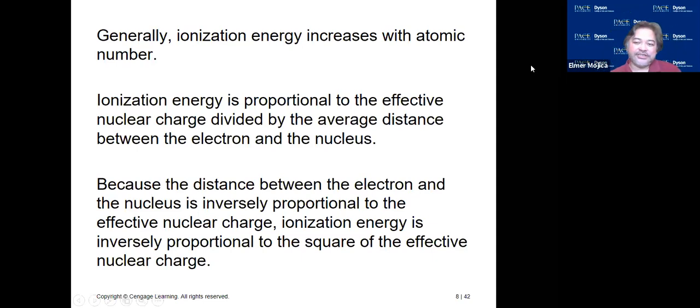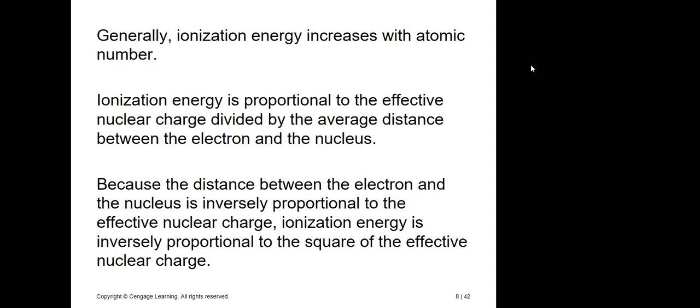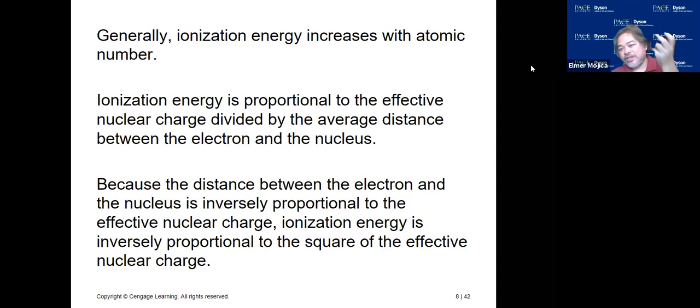You need higher energy to remove the electron. Okay? Does it make sense? Yes. So the smaller the atom, the higher the energy that you need. Because the smaller the atom, the more stable it is. So if it's more stable, that means you need to pump a lot of energy to remove the electron.